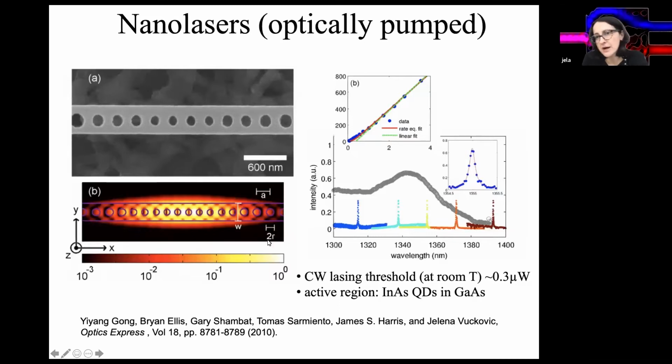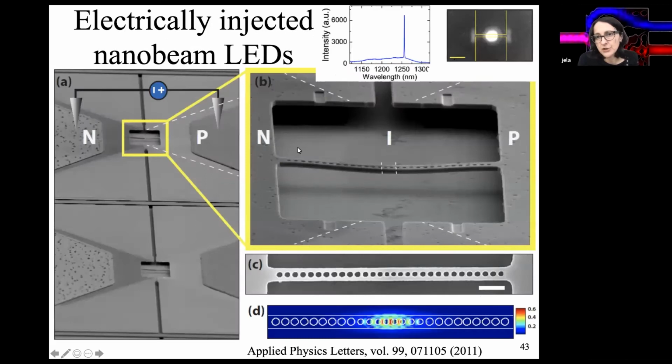This is in gallium arsenide with InGaAs quantum dots as active material, and even lasing was observed from these systems. And you can also do electrical injection, as we've seen in the case of the two-dimensional photonic crystal laser. You can introduce a lateral PN junction and inject current into this cavity region and make the cavity emit light from the cavity mode that is illustrated here.